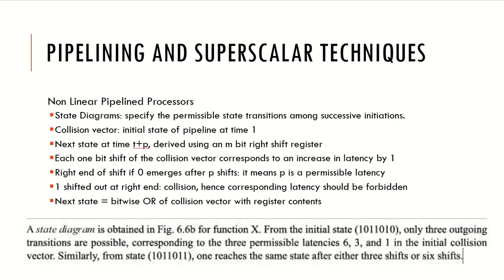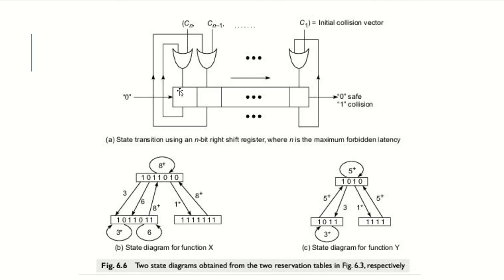I'll show you a sample here. This is the state transition: you have a collision vector, you apply the right shift, and this is the state diagram. This is an n-bit right shift register, where n is the maximum forbidden latency. Whenever you apply the right shift, you supply 0 from the left end. That you have to remember.